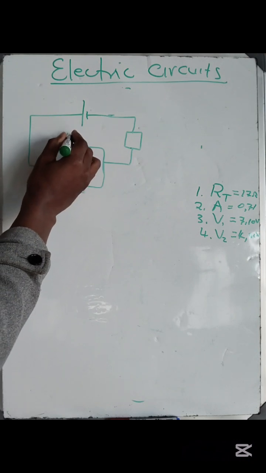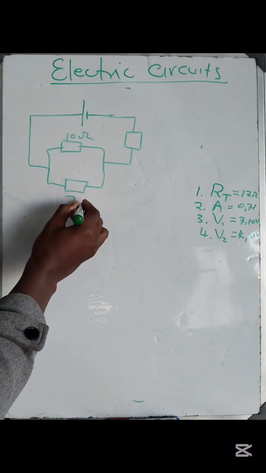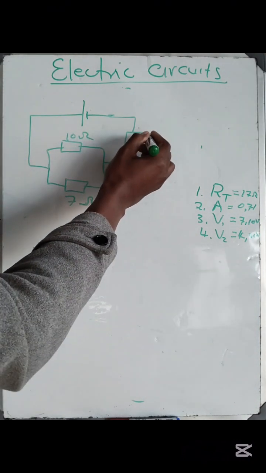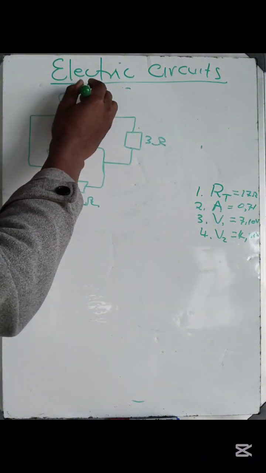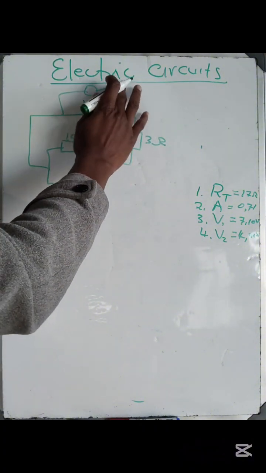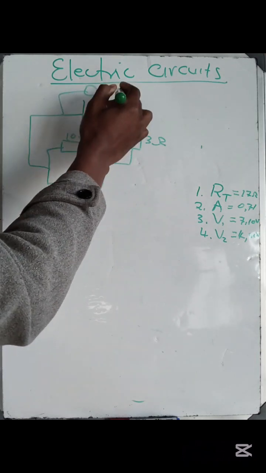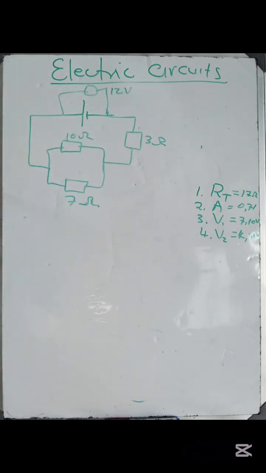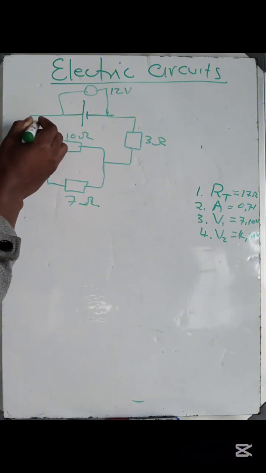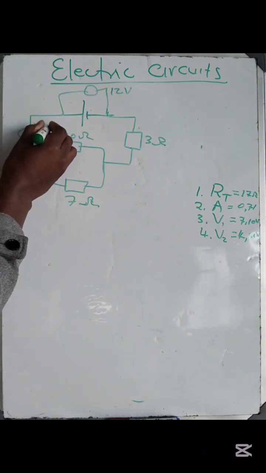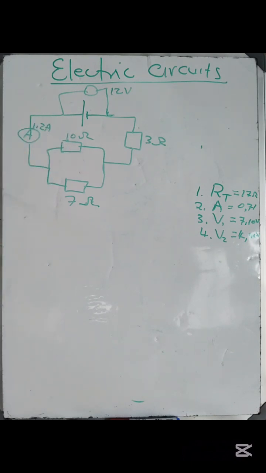Let's say this one is 10, this one is 7 ohms, this one maybe is 3 ohms. Then the reading across the battery is maybe 12 volts. Maybe we have an ammeter reading, which is maybe 1,2 amperes, right? Then what do we do in this case?